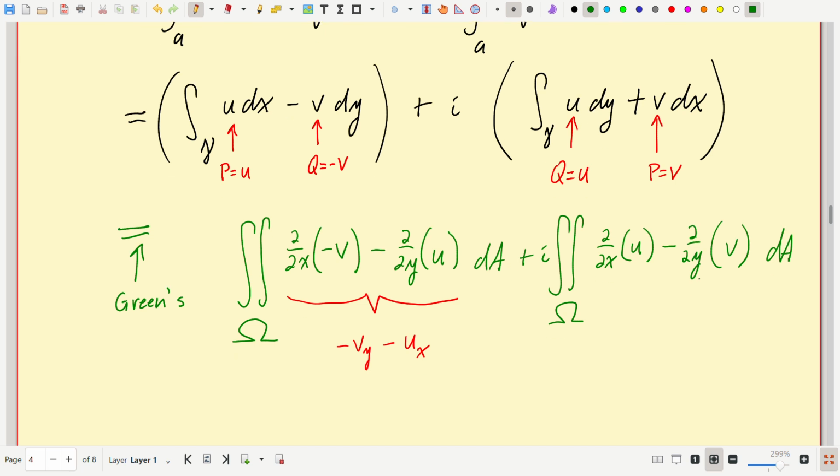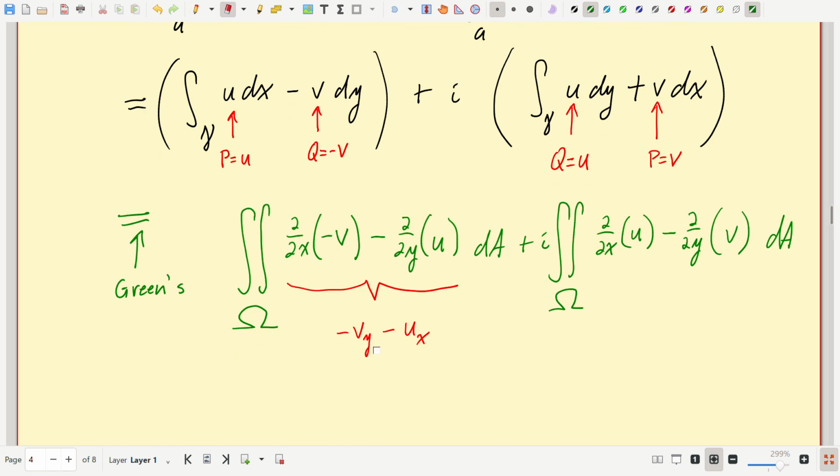Anyway, now this is more like it. This is dv dx, and that's going to be a big fat 0 by Cauchy-Riemann equation number 2. And this one's going to be du dx minus dv dy, and that's identically 0.